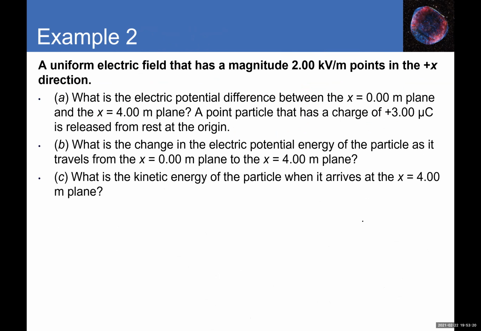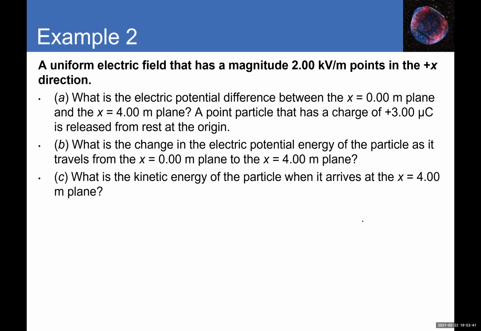What is the change in the electric potential energy of the particle as it travels from the x equals 0 meter plane to the x equals 4 meter plane? And the last one is, what is the kinetic energy of the particle when it arrives at the x equals 4 meter plane? All right, so let's see how we can solve this one.